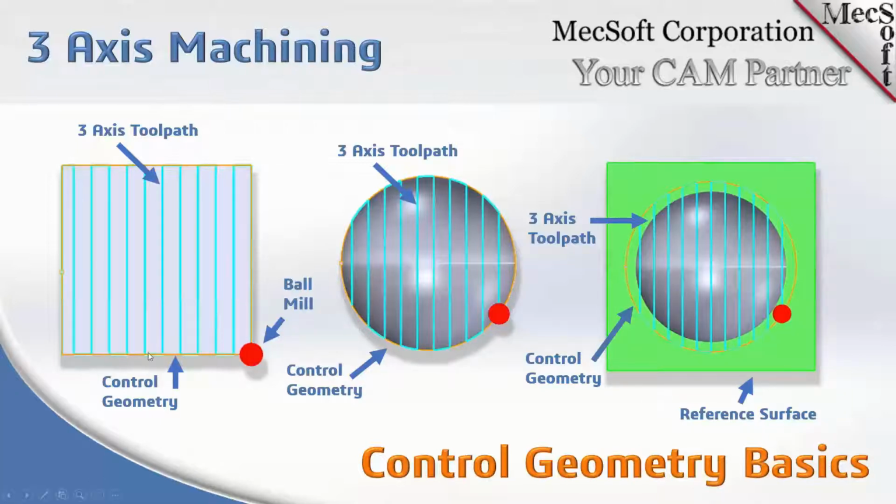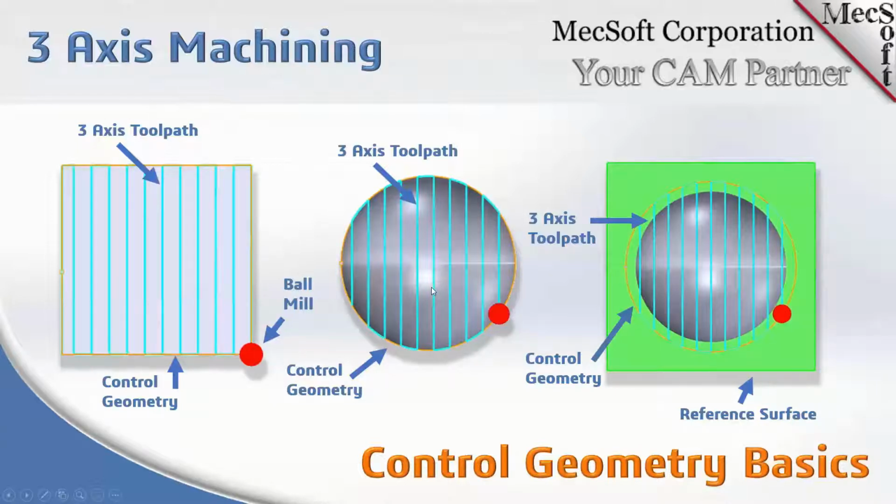And in finishing operations in 3-axis, again, the tip of the tool will go to and stop on the control geometry you select. So in this example, the tool is going right to the edge of the geometry, stepping over, coming back, stepping over, etc.